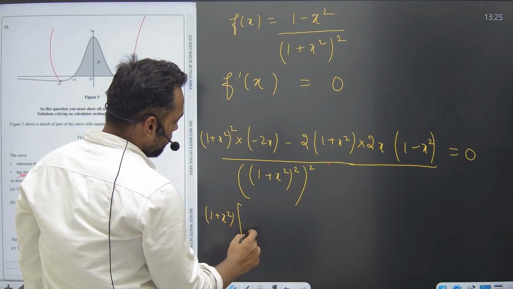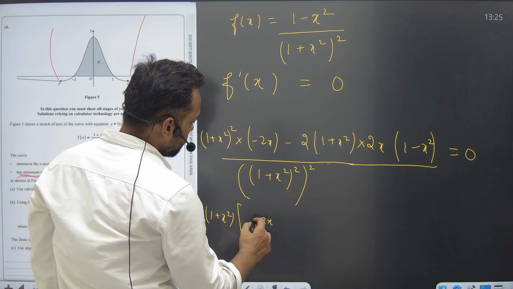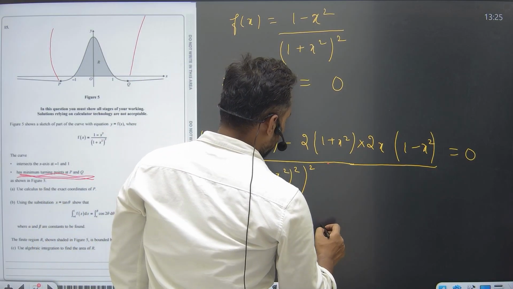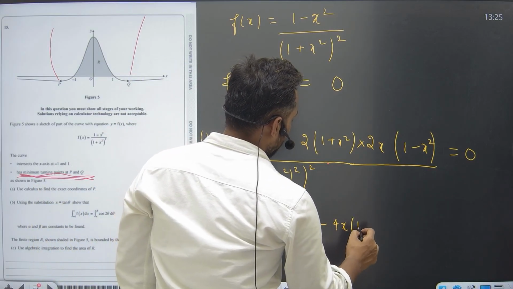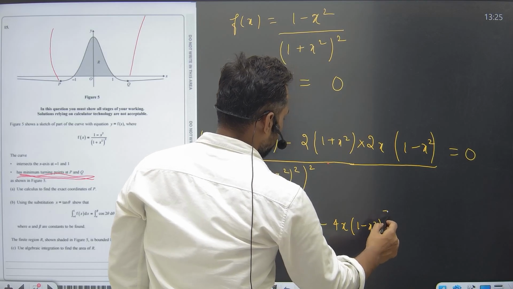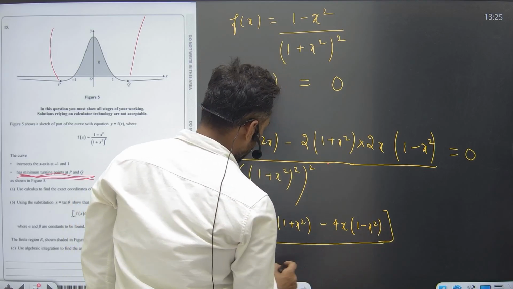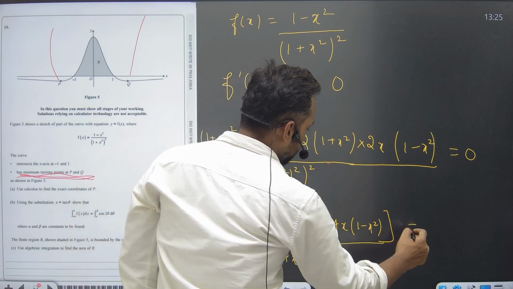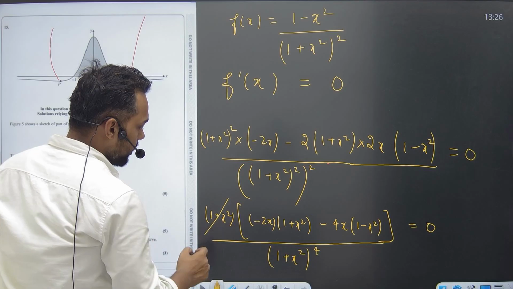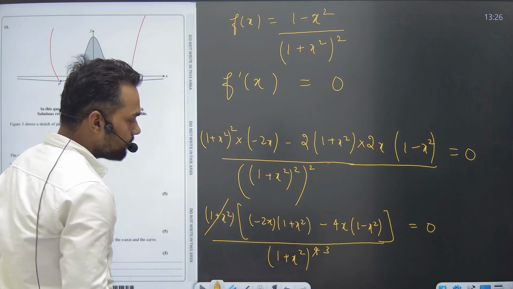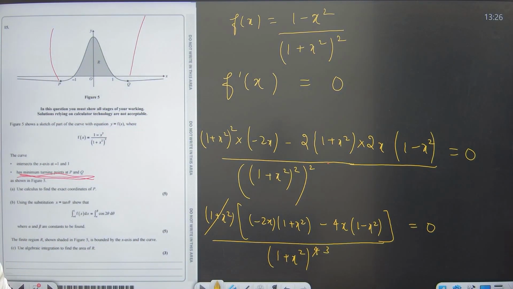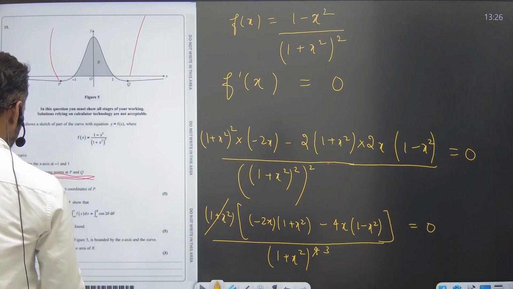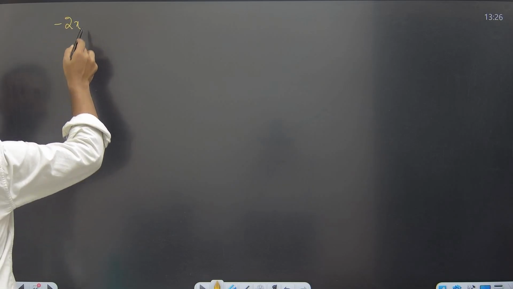You will get minus 2x (1 plus x squared), minus 4x (1 minus x squared), upon (1 plus x squared) raised to the power 4 equals 0. Now this square and this square will get cancelled, so you will get power 3 here. So what values will be left here? Minus 2x (1 plus x squared) minus 4x (1 minus x squared). Now I am opening the bracket, student.